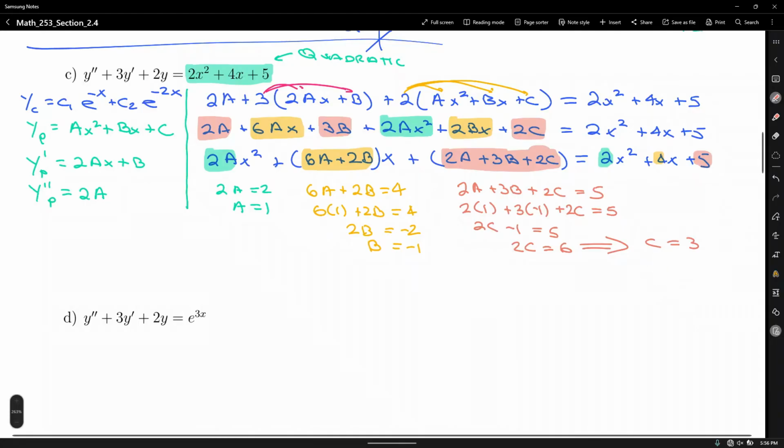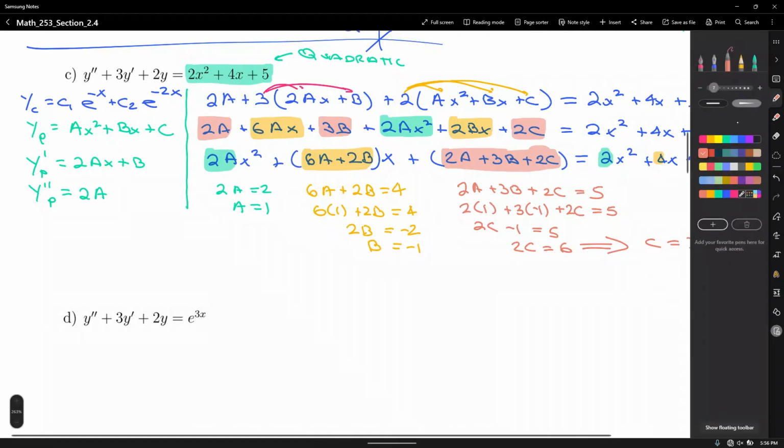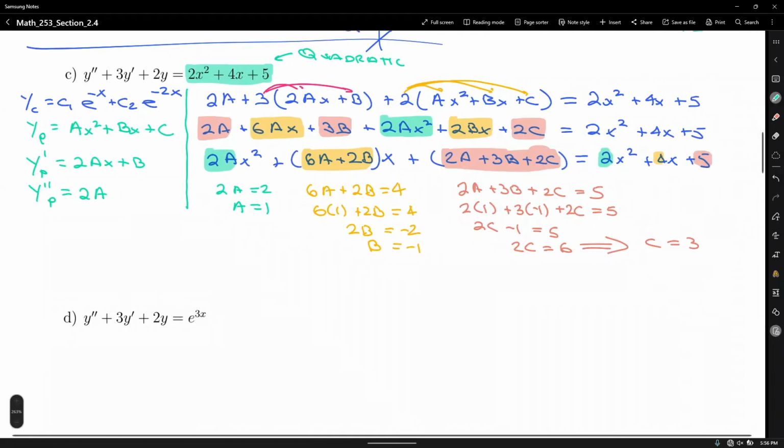All right? We may go back to the very generic form of y sub p. I'm going to rewrite it: y sub p equals a, which is just 1, so that's simply x squared, plus b, which is minus x, plus c, which is plus 3.